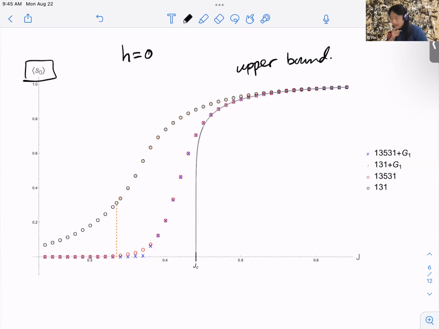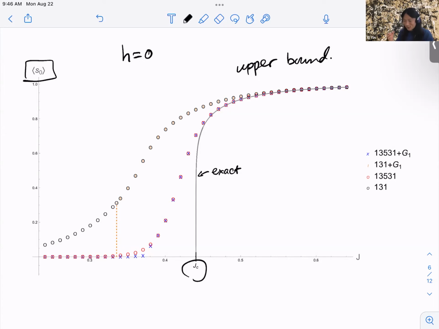Again, because in this case the model is solvable, this black curve here is the exact result. You can see when J is above JC, that's when you can have spontaneous magnetization. So this black curve is the result for spontaneous magnetization. Of course, below JC, there's no magnetization, right?